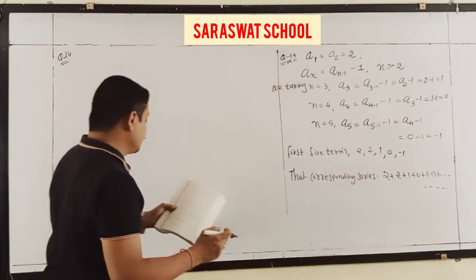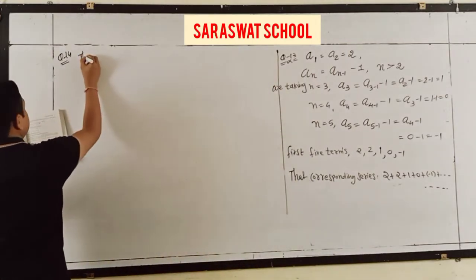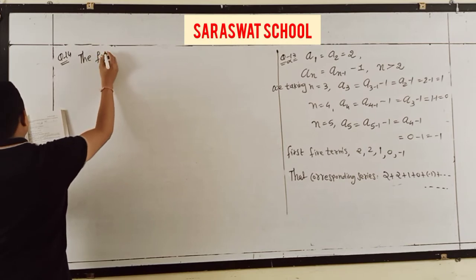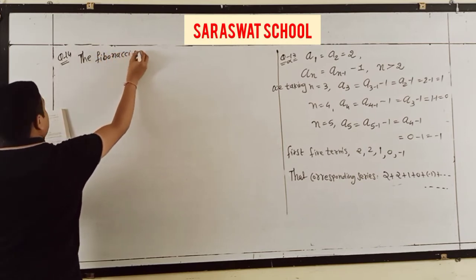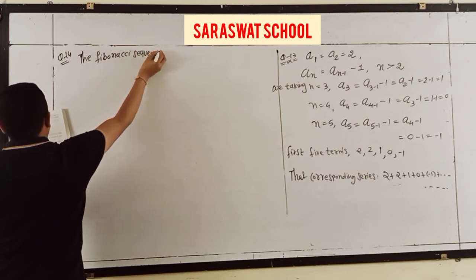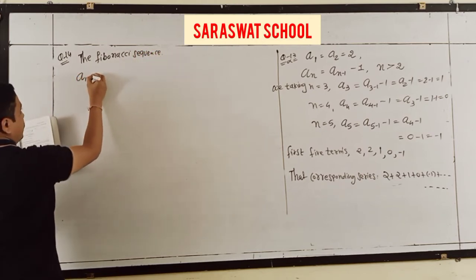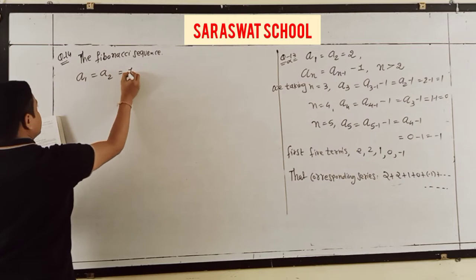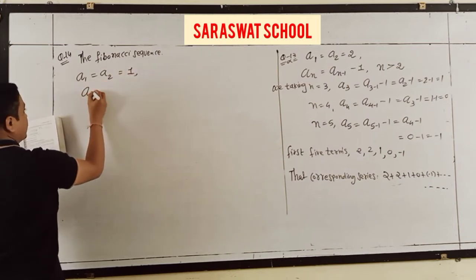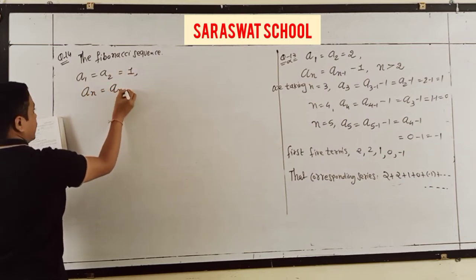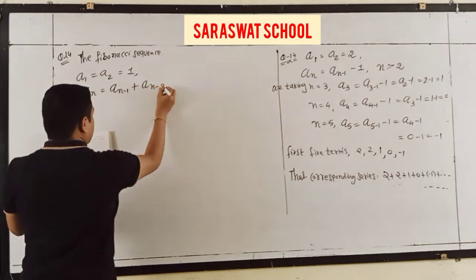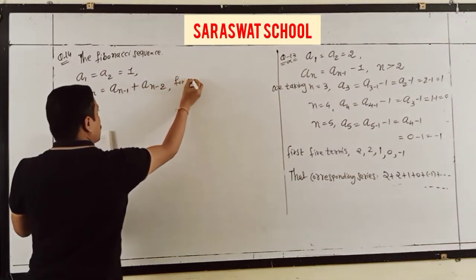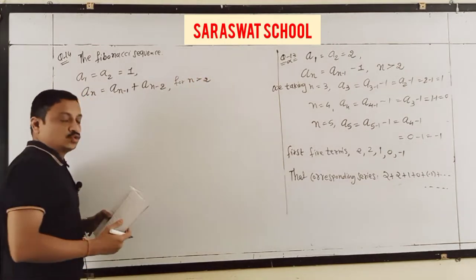So students, in the question, the Fibonacci sequence is defined by a1 equals a2 equals 1, and an is given as an minus 1 plus an minus 2 for n greater than 2.